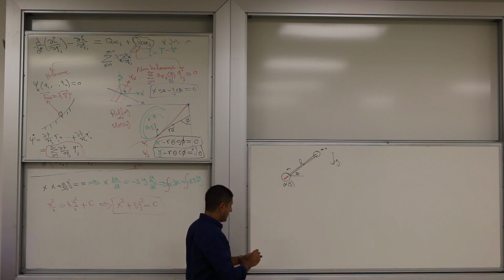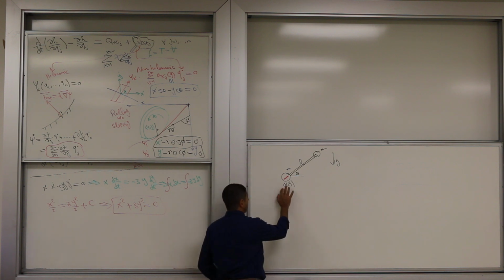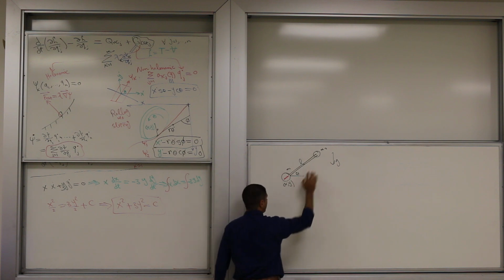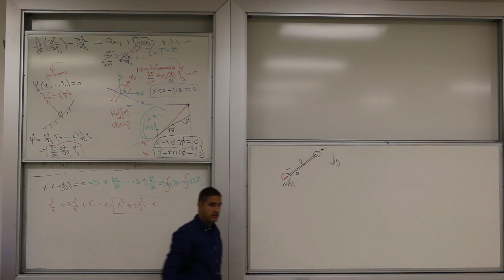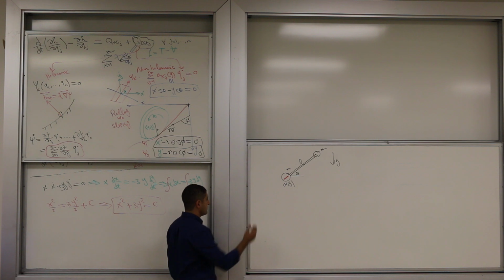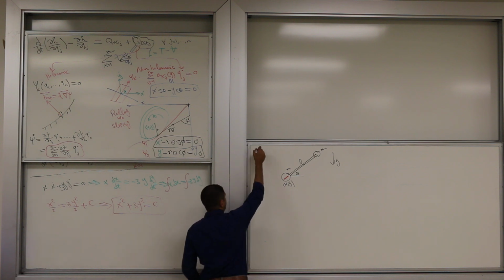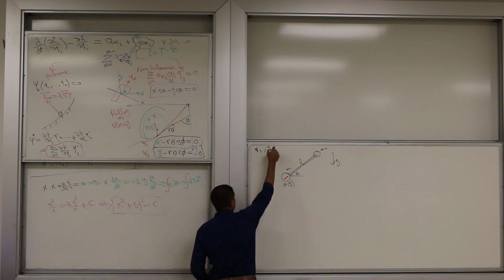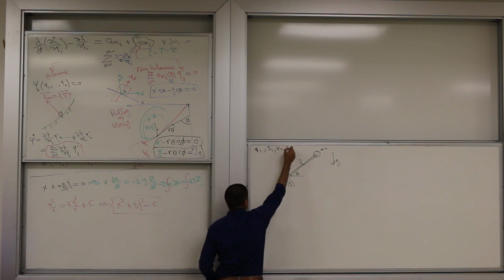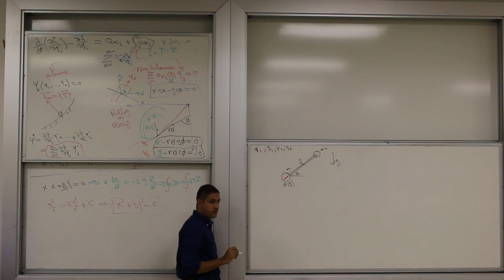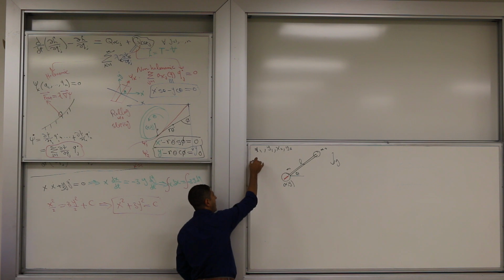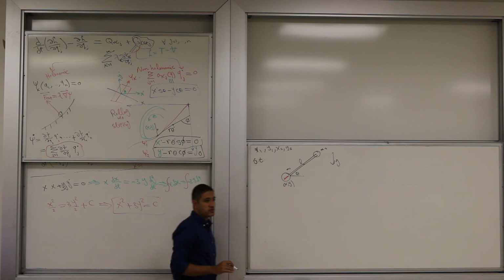I can do the following: x1, y1, x2, y2, subject to how many constraints? These are 4 q's. Then I have to write subject to how many constraints?